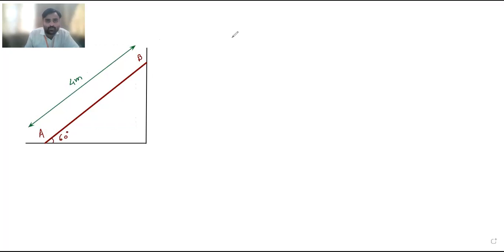Then a man is standing at a distance of 2.7 meter. So this is 800, and this distance from this point up to here is 2.7 meter.